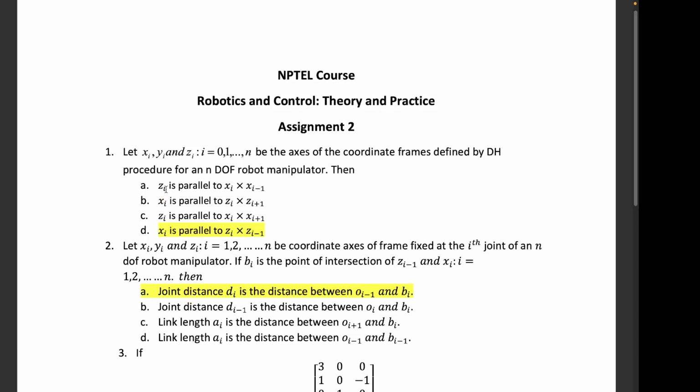So for revolute joints, it would be perpendicular to the plane of the motion, and for prismatic joints it would be along the line of motion. So those are Z_i, and X_i are the common normal to the Z_i basically.